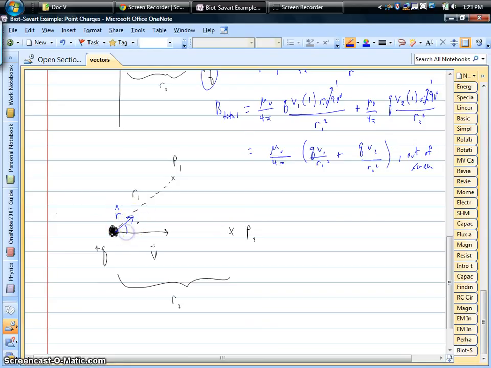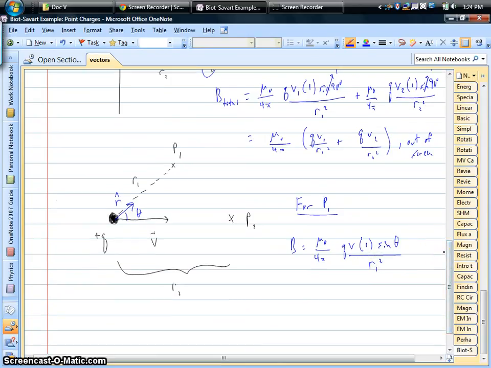So now you no longer have a 90-degree angle. What does Biot-Savart say about that? For P1, the magnetic field strength would be our constants, the charge times whatever the speed is. R hat has a magnitude of 1, but now we really would have to use the sine of that angle. And it's something less than 90, so it's going to be a little bit weaker than it was at a 90-degree angle, and then over whatever that distance is squared.